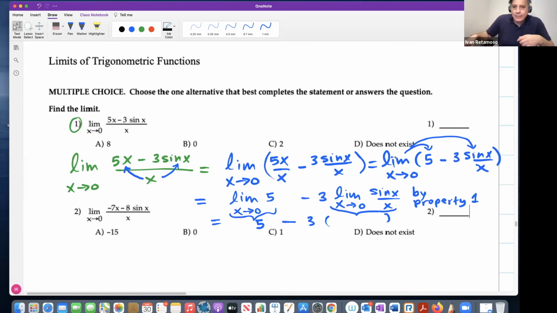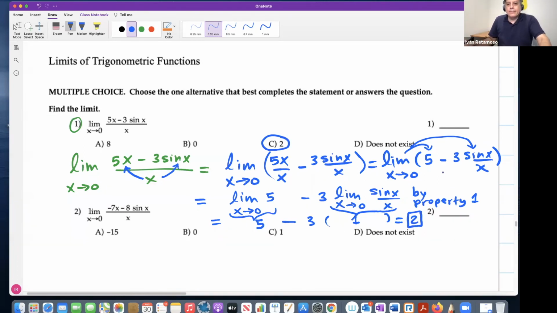So the limit of sine of x over x. Yeah, very good, Mark. It's just 1, right? Just 1. So now multiply 3 times 1, 3. Take that away from 5. This should be just 2, right? You follow that? 2.